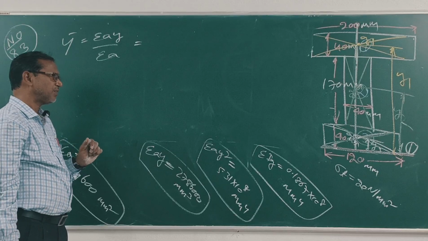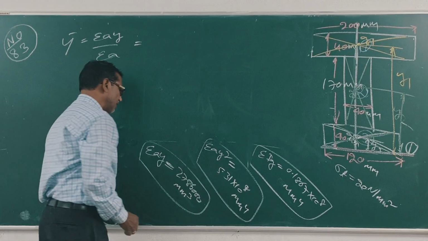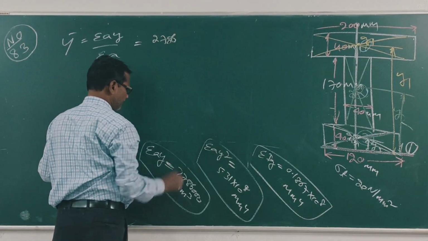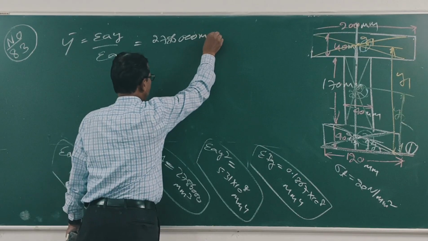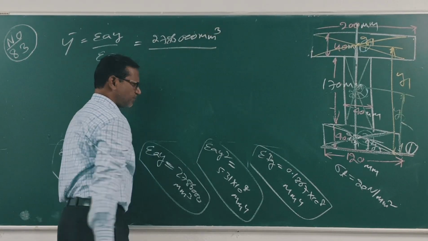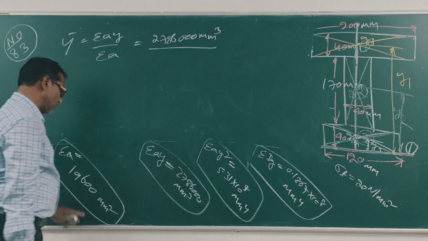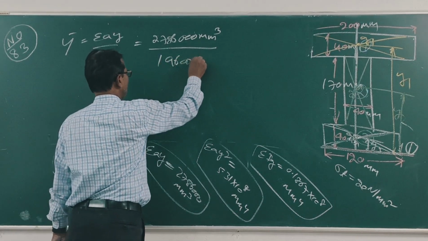What is sigma ay? 2786000 mm cube by sigma A, 19600 mm square.